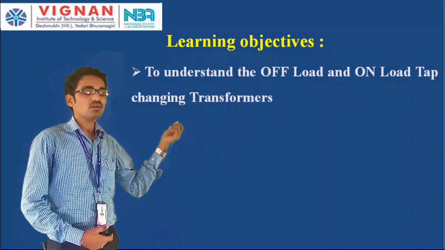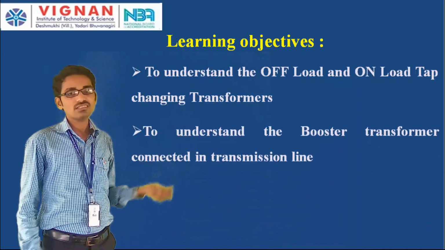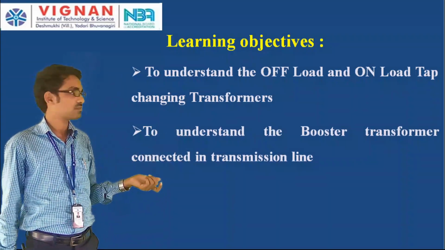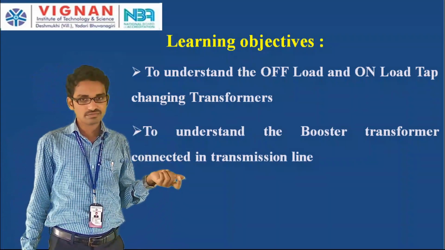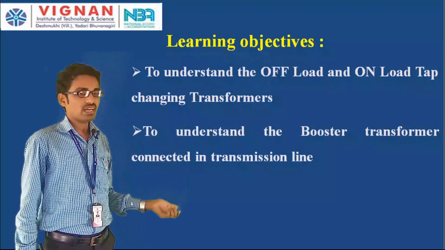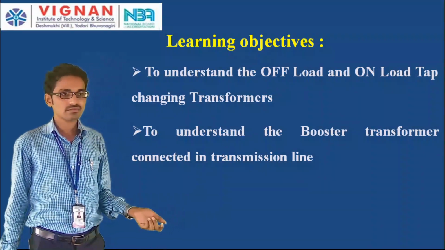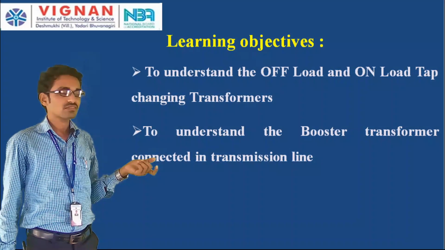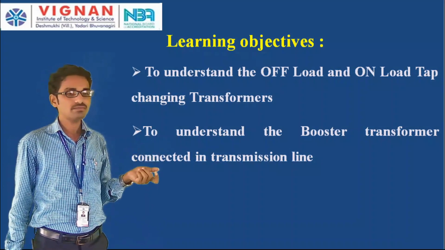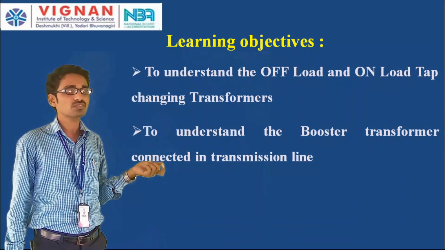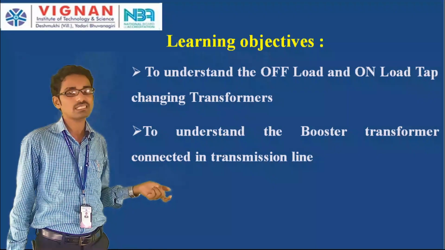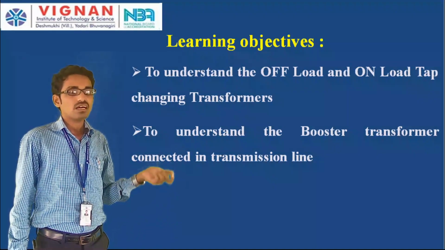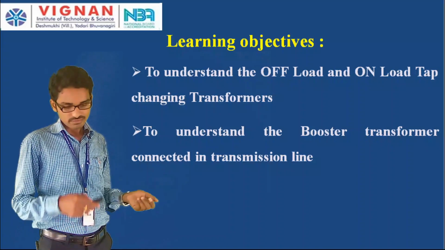The next objective is to understand the booster transformer connected in the transmission line. Booster transformers are used to control the voltage, and we are going to see in this lecture how they control the voltage in a transmission line.